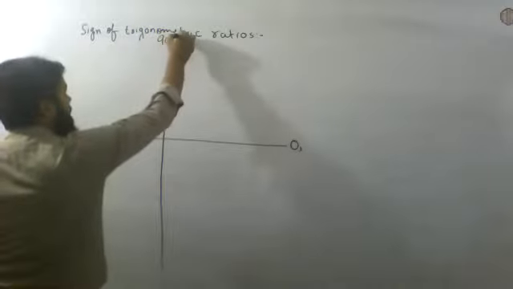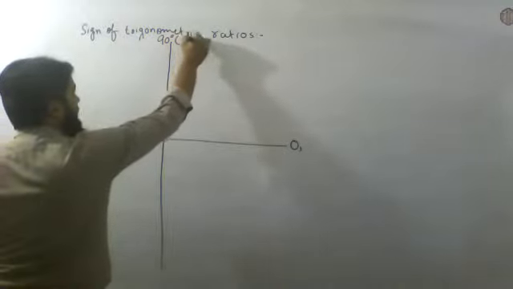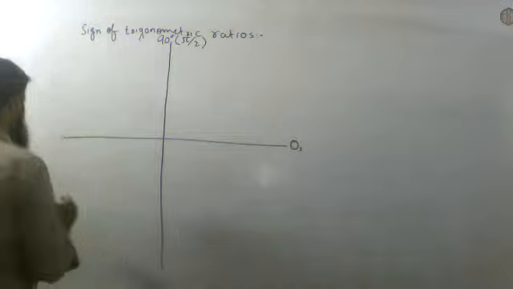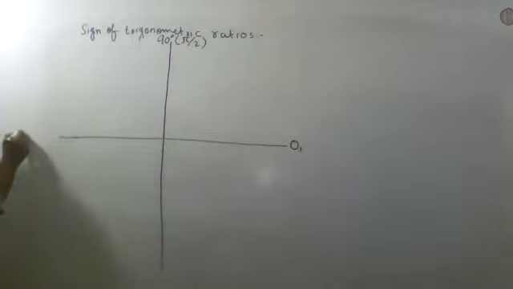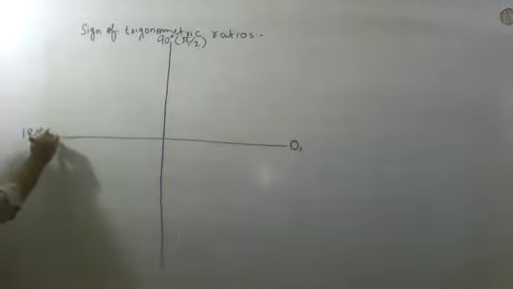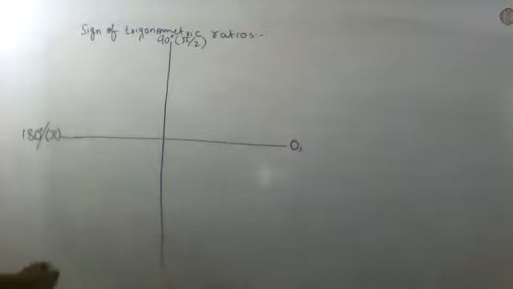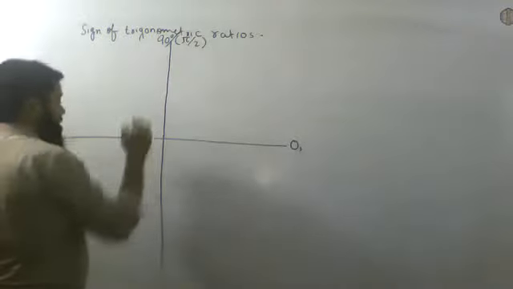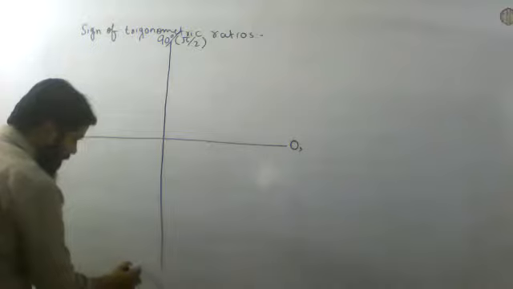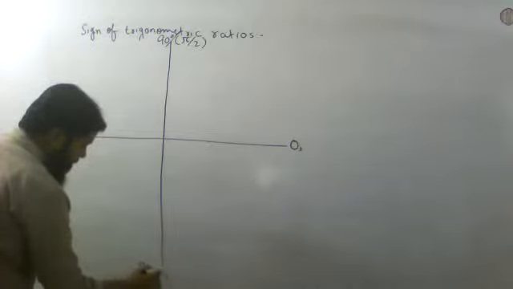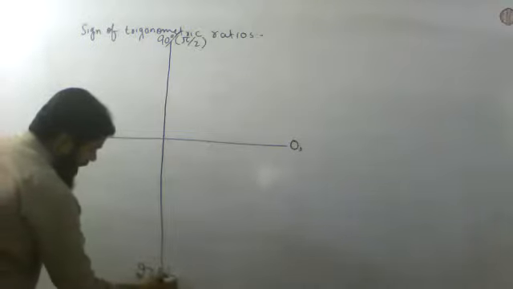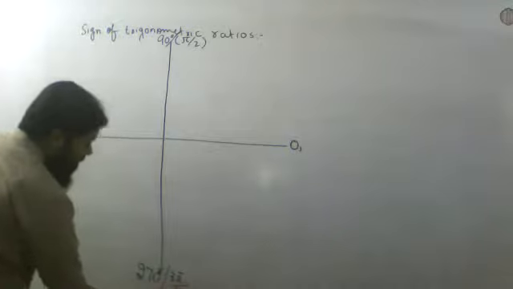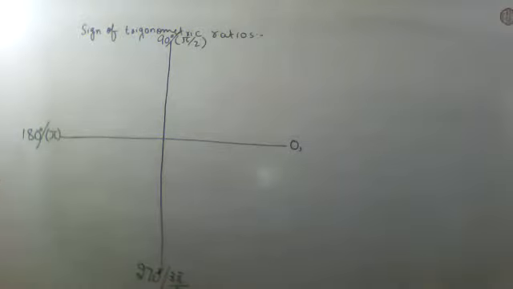Okay, 0, 90 degree, which I can also call pi upon 2 in radian. 180 degree, which I can call pi in radian. 270 degree, in radian, it will be 3 pi over 2.